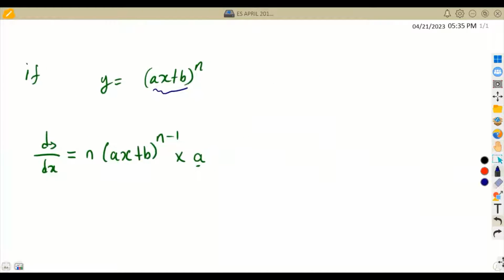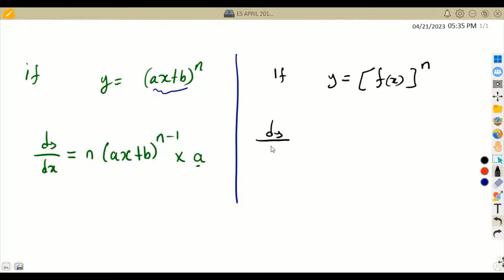If we are simply given y equal to a function of x, that is [f(x)]^n, it simply means the derivative dy/dx is going to give us the derivative with respect to the power, which is n. So that's n, f(x) is going to remain as it is, but to the exponent of n - 1.